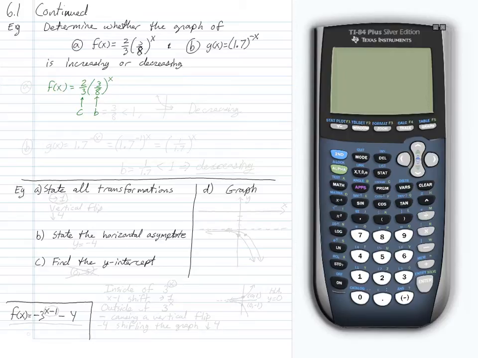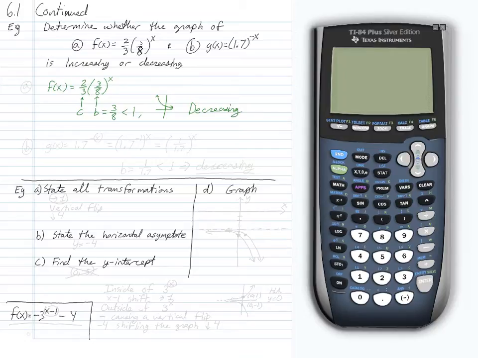So if our base b equals 3/8, is this function going to be increasing or decreasing? Well, I know because it's an exponential function that it's got to be one of those two. And I know that since the base 3/8 is less than 1, the graph is going to look something like 1/2 to the x. So this is a decreasing function.